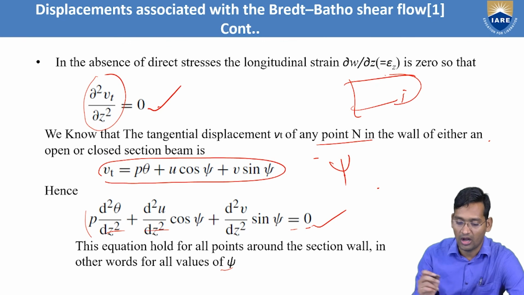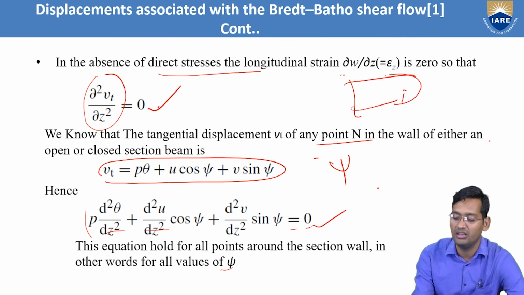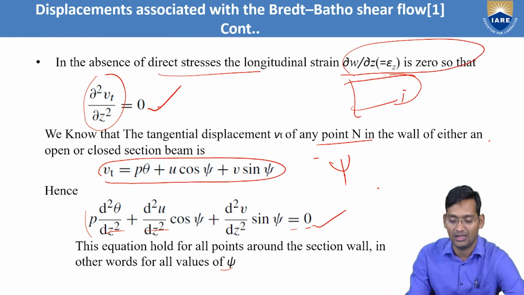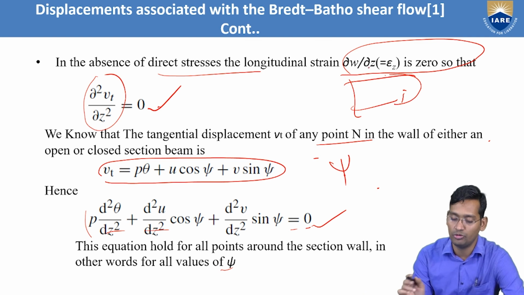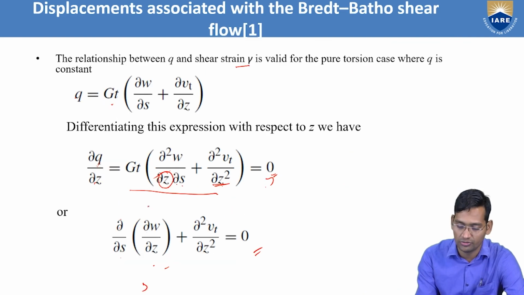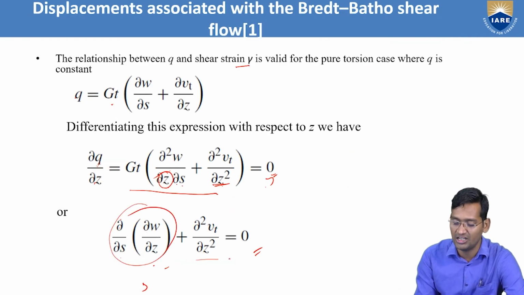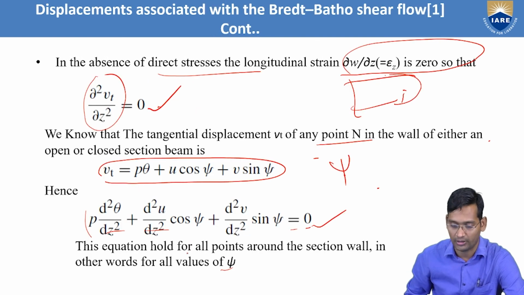In the absence of direct stress, the longitudinal strain del W by del Z will be 0. So put del W by del Z equals 0 in this equation, and this term will be 0, which gives del 2 VT by del Z square.